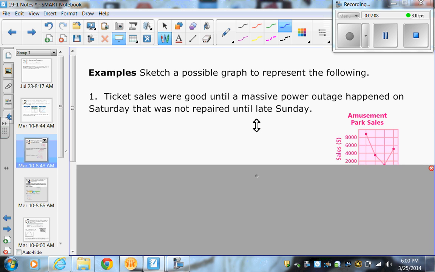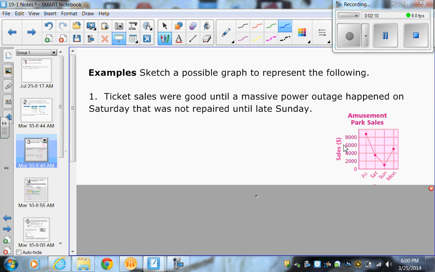So what we could do for this graph is we have Friday up here. Friday sales were pretty good. Then Saturday we had the massive power outage, so it's going to drop quite a bit. And then it's going to drop again because it still wasn't fixed. But then we fix it on Sunday, so the number of tickets sold, which means our sales, are going to go back up.